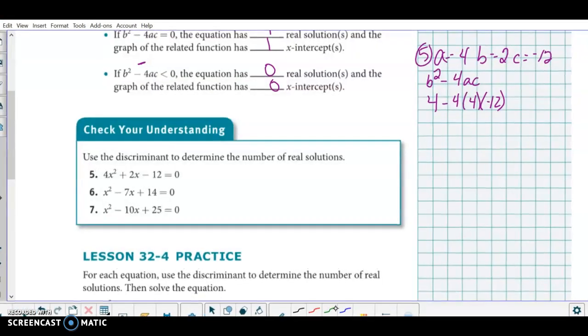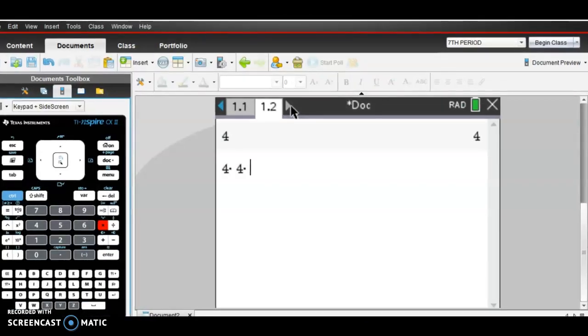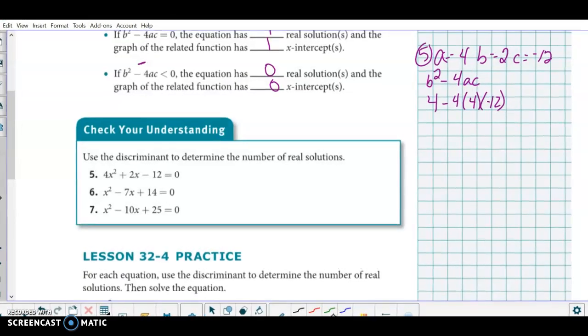I forgot already. 4, 4, and negative 12. 4 minus 4 times negative 12 is 196, so it's a positive. So that means that there are going to be 2 solutions, or 2 roots.